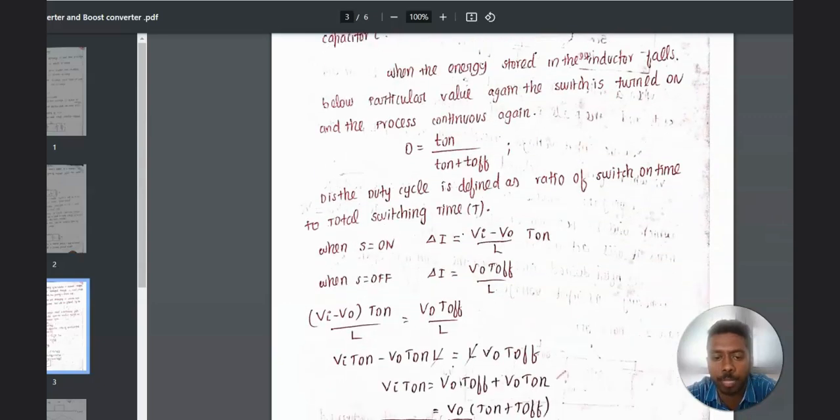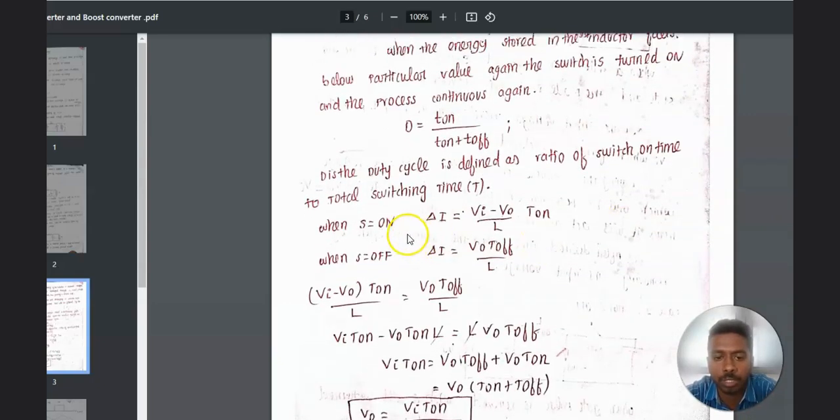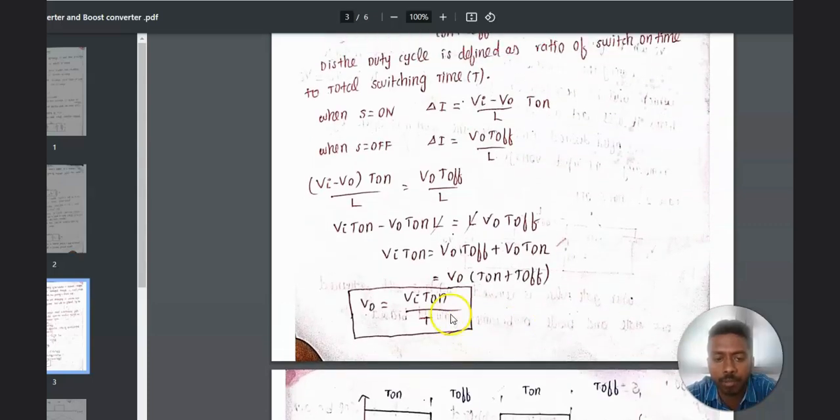When the switch is on, the input voltage will be present, whereas when the switch is off, the input voltage will be neglected. Then by comparing these two equations, we get the output voltage as V0 equal to Vi into T on divided by T. That is, we compare the first equation with the second equation, then by taking the LCM, we get the output voltage as Vi into T on divided by T.